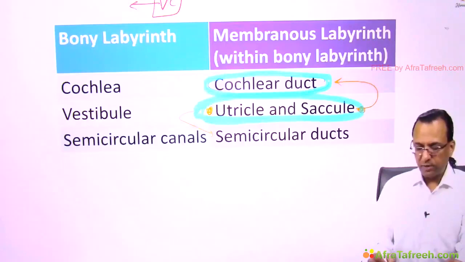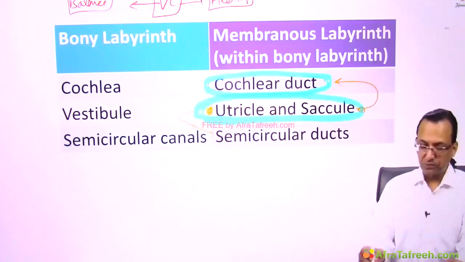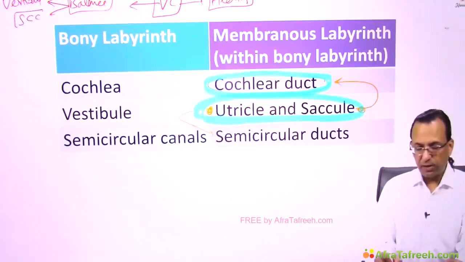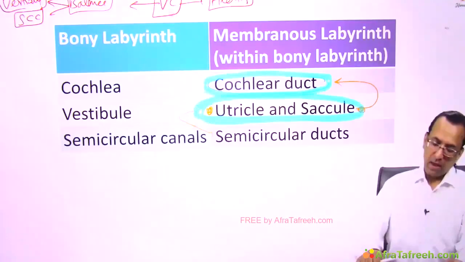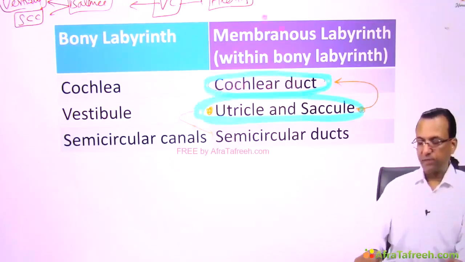Vestibular is for balance, equilibrium, and cochlear is for hearing. What do you include in the vestibular apparatus? The vestibule, of course, and the semicircular canals. If it is the cochlear duct, it is for hearing.